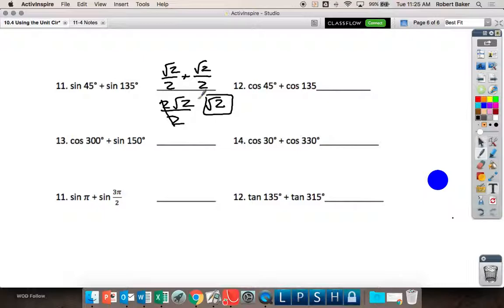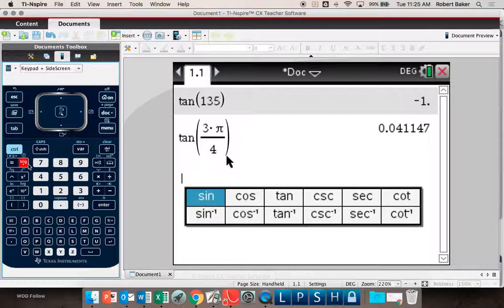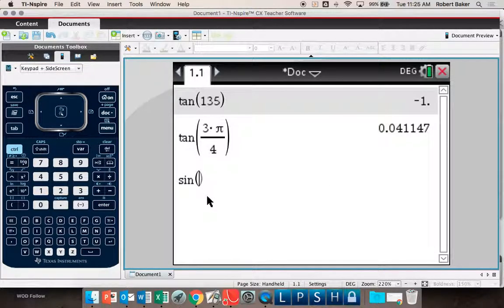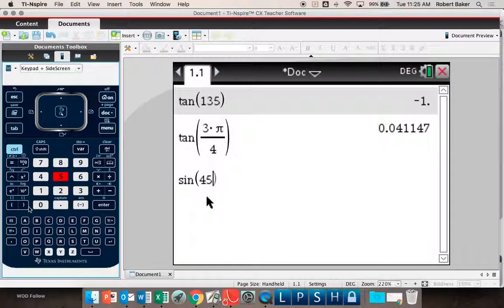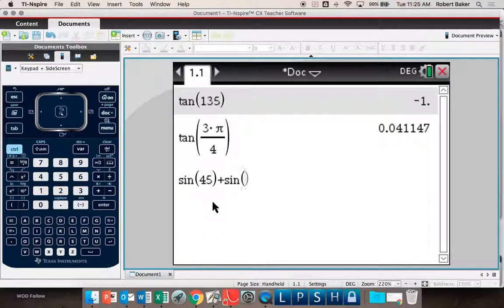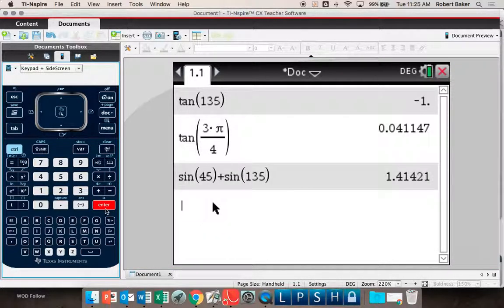Watch. Are you ready? The sine of 45 plus the sine of 135. What do we get as our answer?